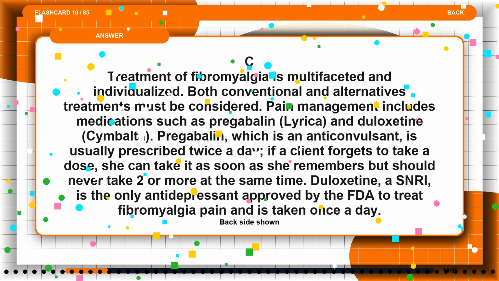Pregabalin, which is an anticonvulsant, is usually prescribed twice a day. If a client forgets to take a dose, she can take it as soon as she remembers, but should never take 2 or more at the same time. Duloxetine, an SNRI, is the only antidepressant approved by the FDA to treat fibromyalgia pain and is taken once a day.